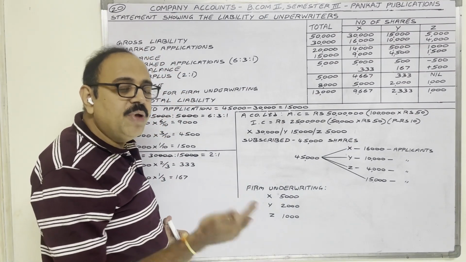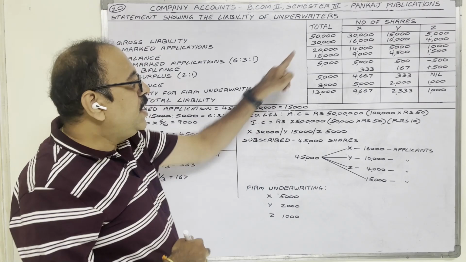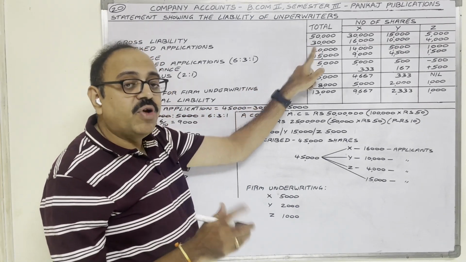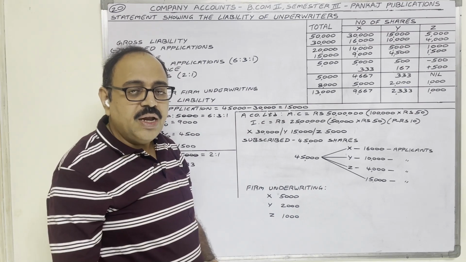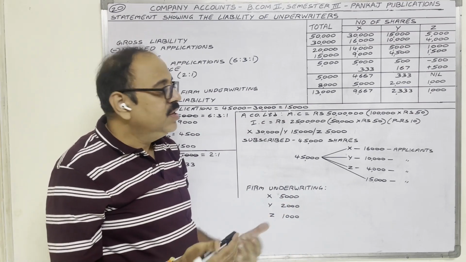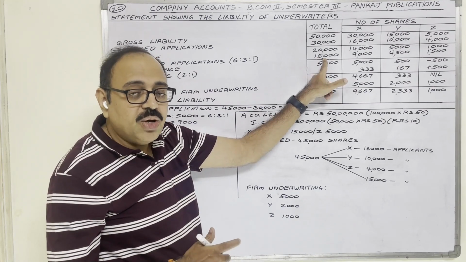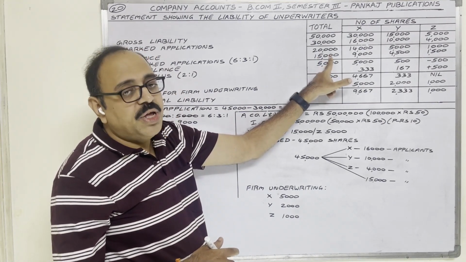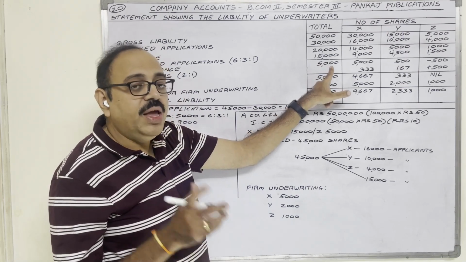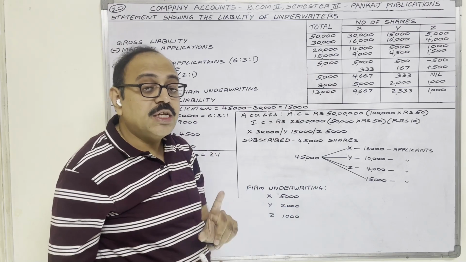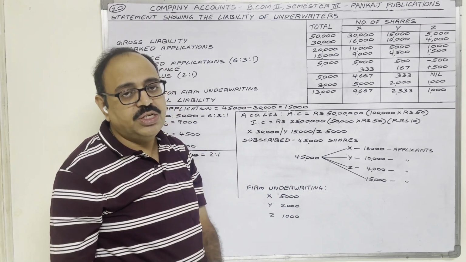If we subtract that number, the remaining shares are 20,000. In that, directly from the public, applications came for 15,000 shares. These 15,000 shares are unmarked applications. Then finally 5,000 shares the public failed to purchase. Now the underwriters become responsible for these 5,000 shares.